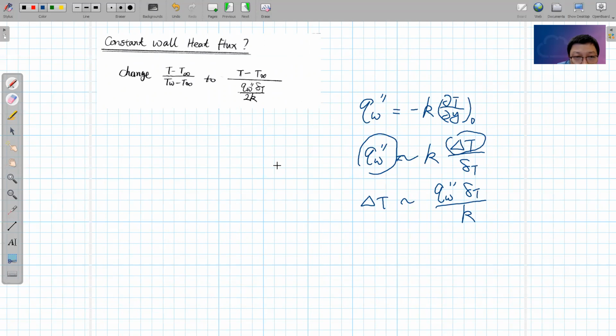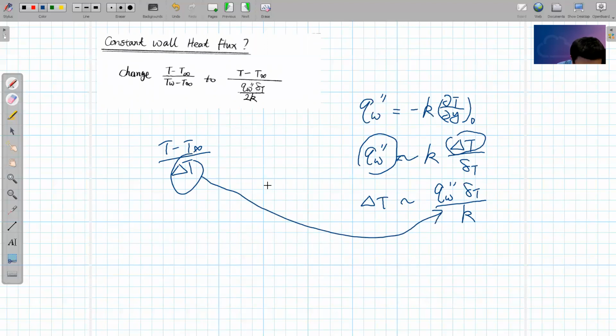Because when we assume the profile, we just use T minus T infinity over the delta T scale. In previous cases, the delta T scale is T wall minus T infinity, but in these cases you have to change this delta T to this value.